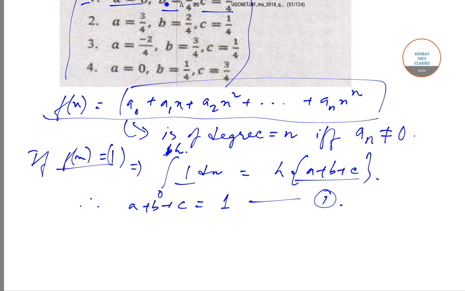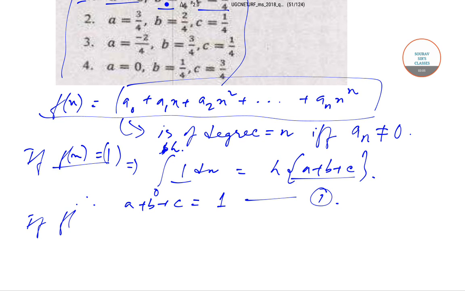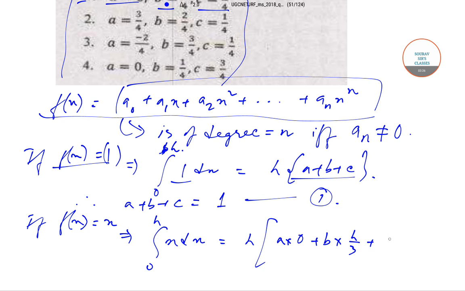Now if f of x is equal to x, that will give us integration 0 to h x dx is equal to h into a into f of 0, which is basically a into 0, b into f of h by 3, that will be h by 3, and c into f of h, that will be h.